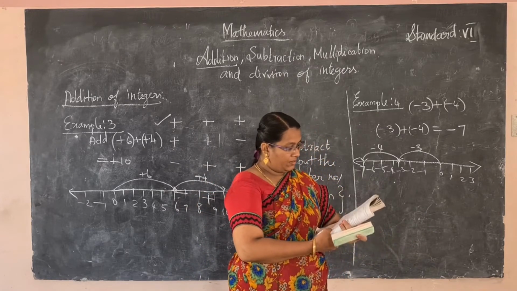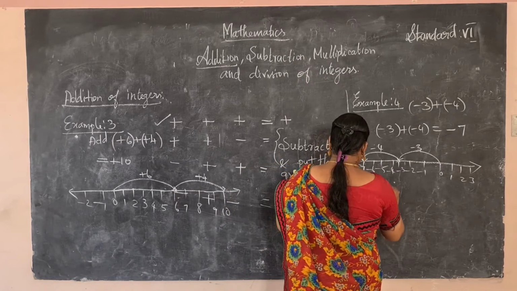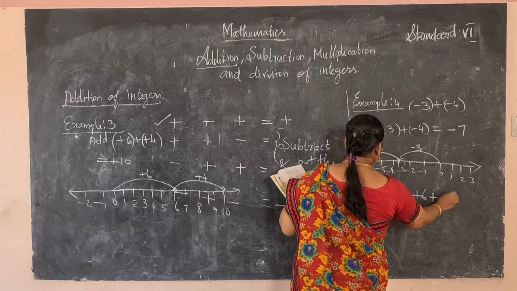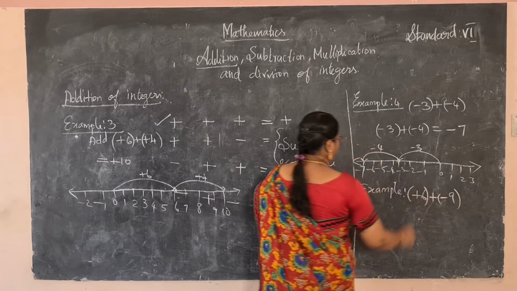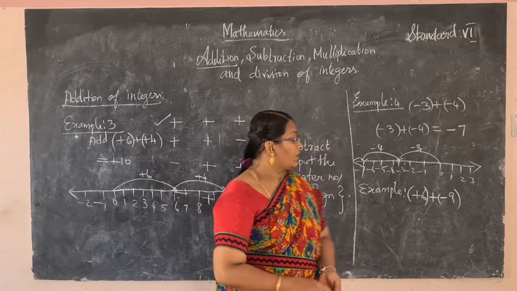Okay, and then the example: plus 6 plus minus 9. So two different signs come. What do we do?